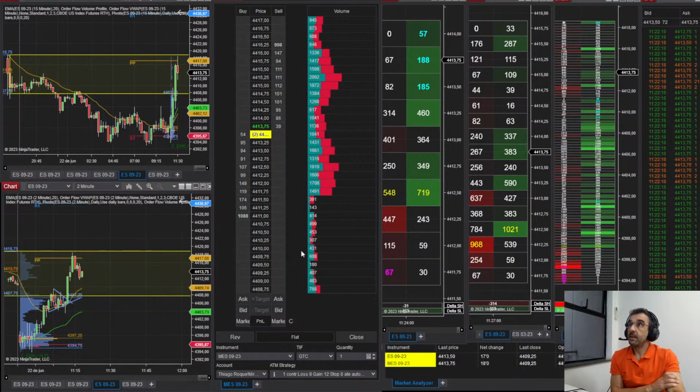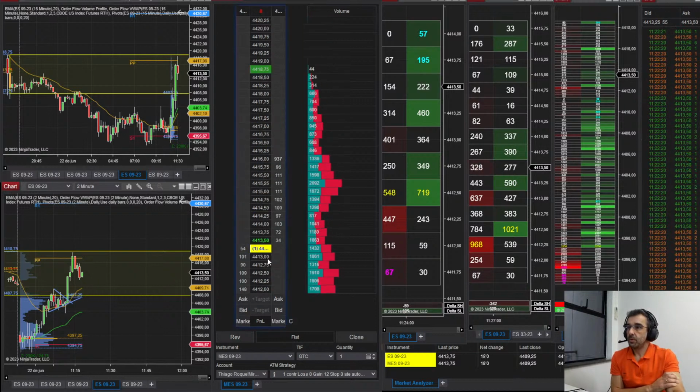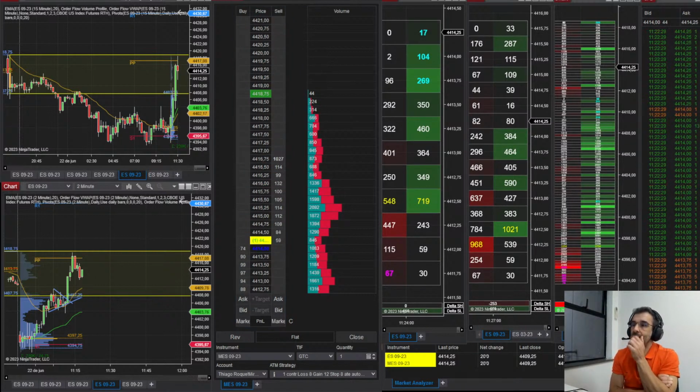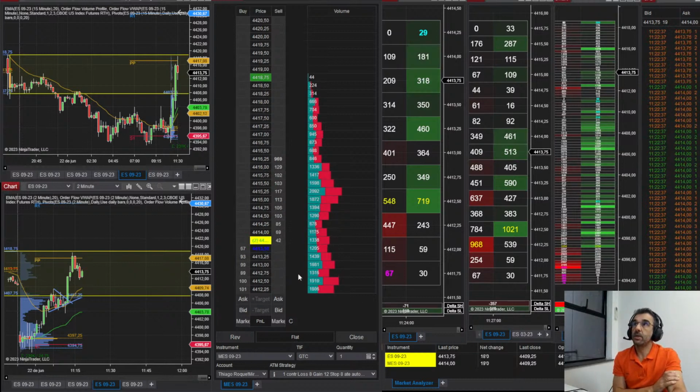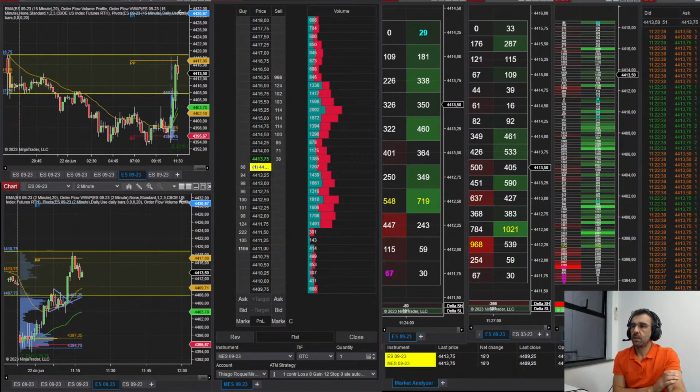Let's see if it fails to reach at least the 16 and moves downwards again, then it could get dangerous to buyers, and we could see a new try to the breakout down there.